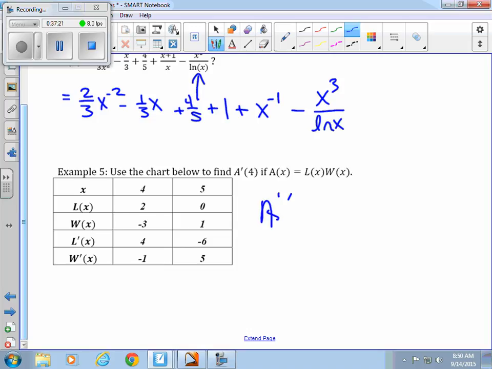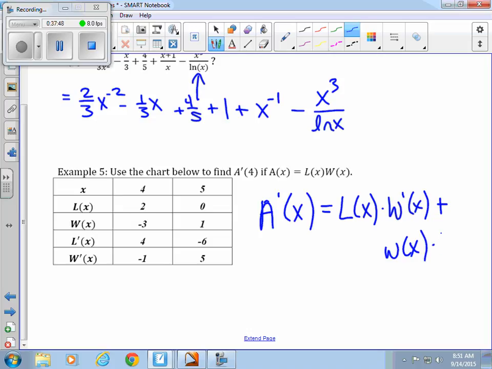Well, what would the derivative look like? What would be the derivative of A of x, with symbolic figures? How would you do that derivative? Left d right, plus right d left.